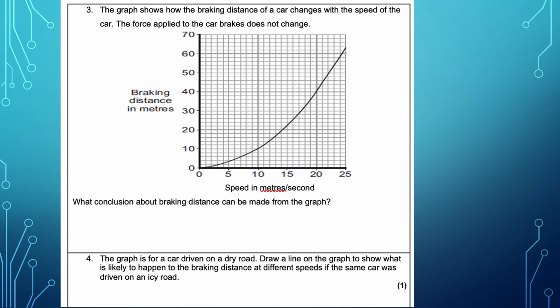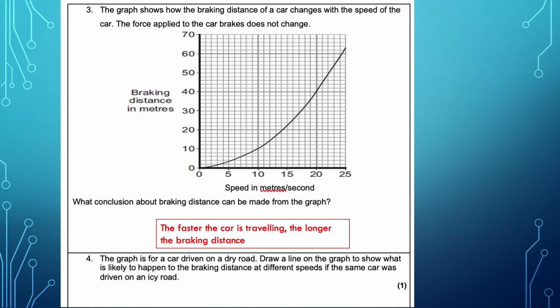What conclusion about braking distance can be made about the graph? And that is, the faster the car is traveling, the longer the braking distance. So most GCSE questions that have to do with graphs will generally have you try and understand what trend they are looking for. All right, that's the bottom line. And this is an essential skill for science because when you have an experiment, you need to be able to plot your data in a way, or present your data in a way that is easy to understand.